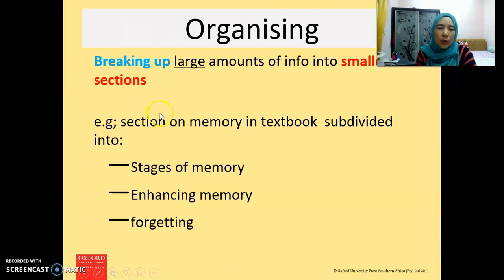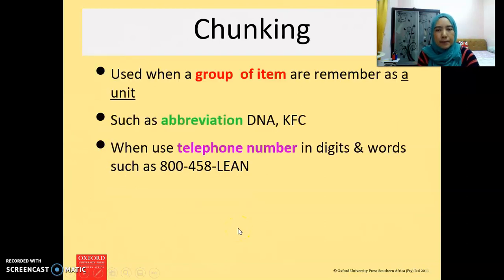For example, when we read the textbook, or when we read the chapter section on memory in the textbook, we divide it into subtopics. For example, stages of memory, enhancing memory, and forgetting. So if we could divide the topics, organize the topics into subdivisions of smaller parts, then it will be easier for us to remember.